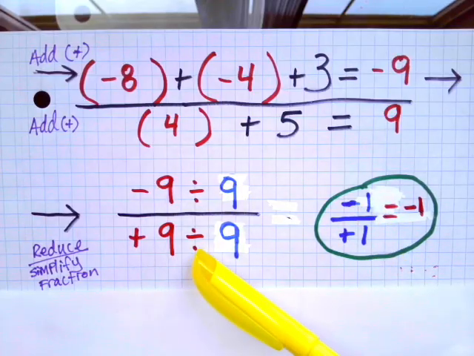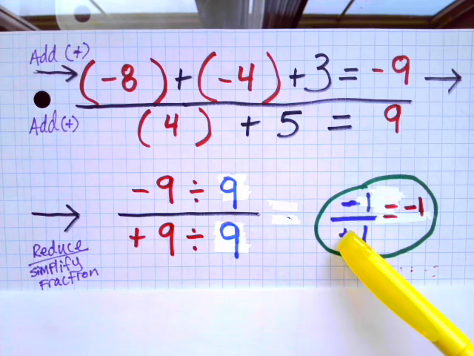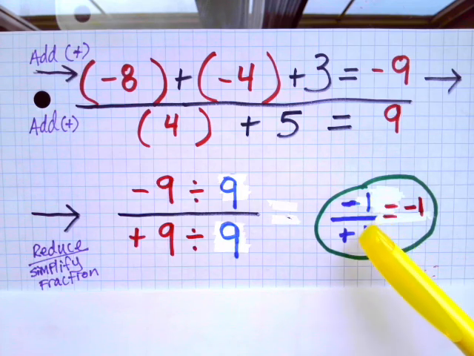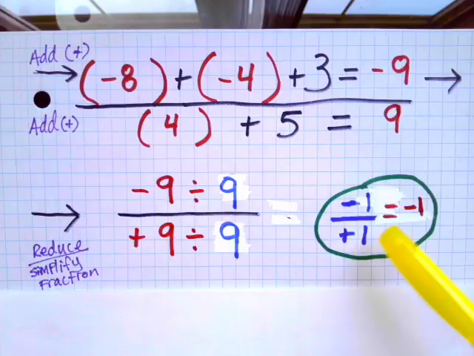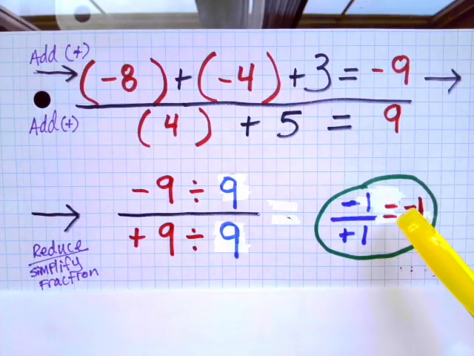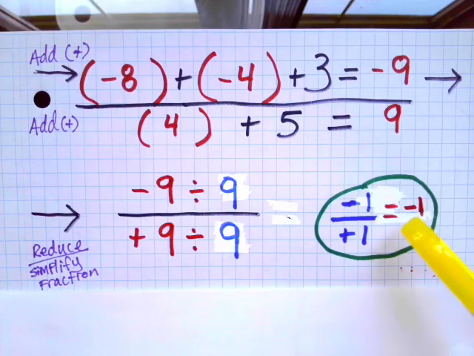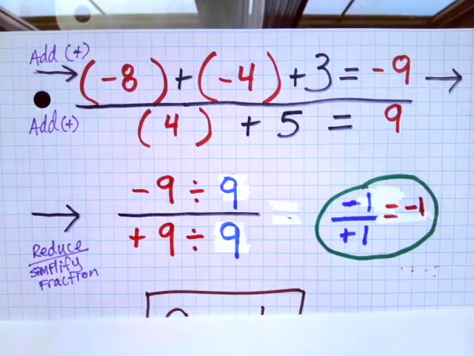Positive 9 divided by a positive 9 is a positive 1. Anything over itself is 1. 1 over 1 is 1. One negative, one positive makes it a negative 1 value. So in simplifying the original term, we ended up with a negative 1 value.